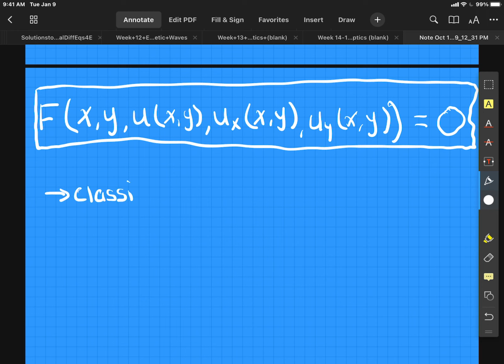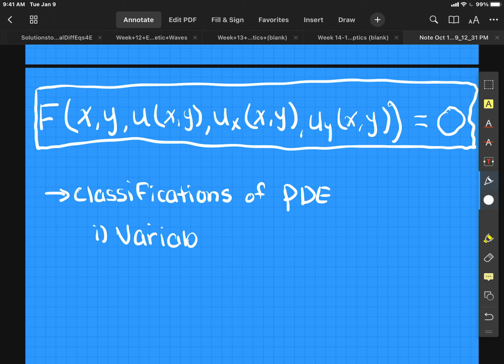So what I mean by this is that typically classifications of said PDEs are dealt with by the variable quantity. So again, that's the first important note.